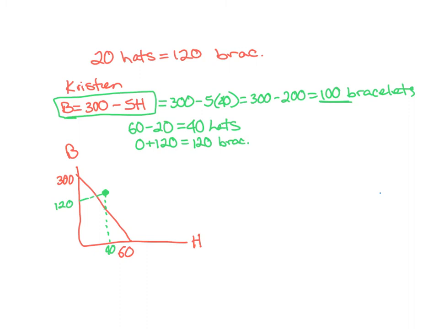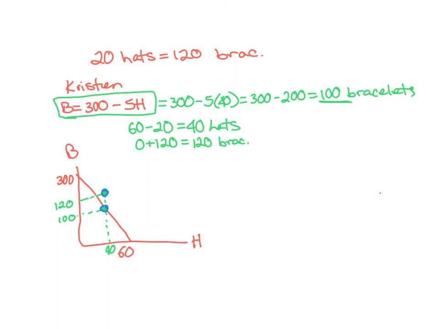At most, she'd be able to make 100 bracelets. But because she specialized in her comparative advantage, and so did Anna, they were actually able to produce beyond their production possibility frontiers. So we end up here instead of here for Kristen. So Kristen is clearly better off from this arrangement where she specializes and then trades with Anna.